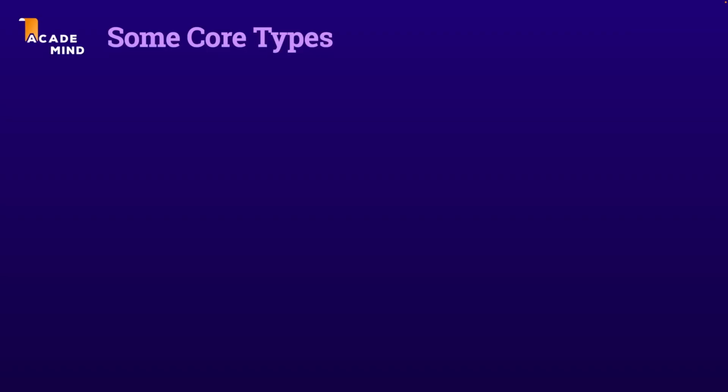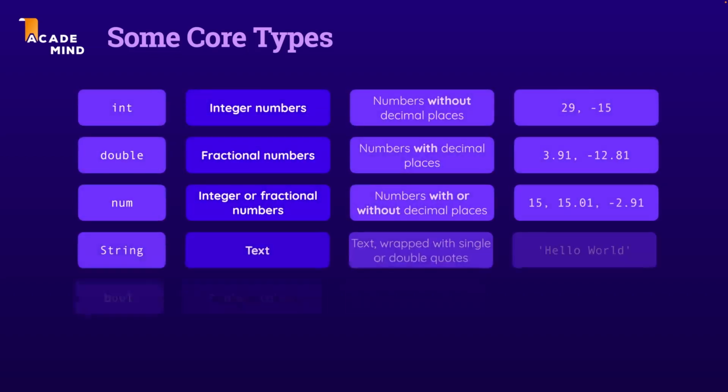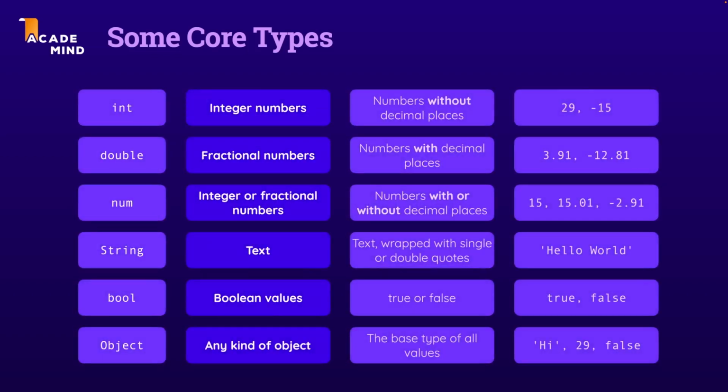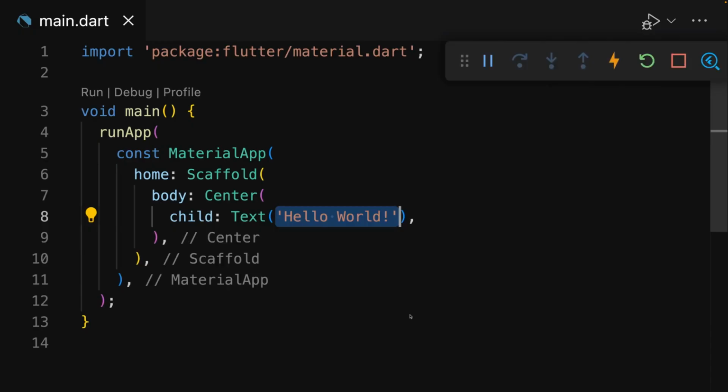Now, as mentioned, you can build your own types, and you also get many types by third-party packages, but Dart also ships with many built-in core types. Of course, you might not understand all of them just yet. You will see all of those and many more in action throughout this course, though. For the moment, the most important takeaway is that this types feature exists so that you can't work with the wrong types in the wrong places.